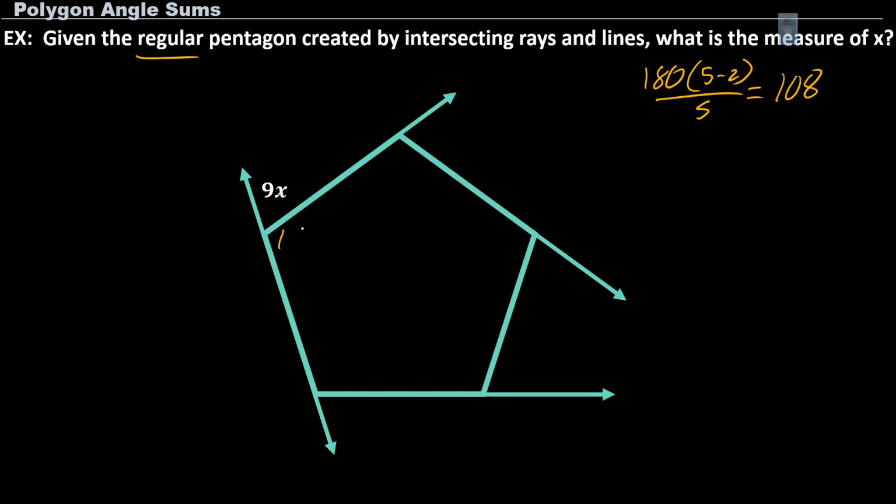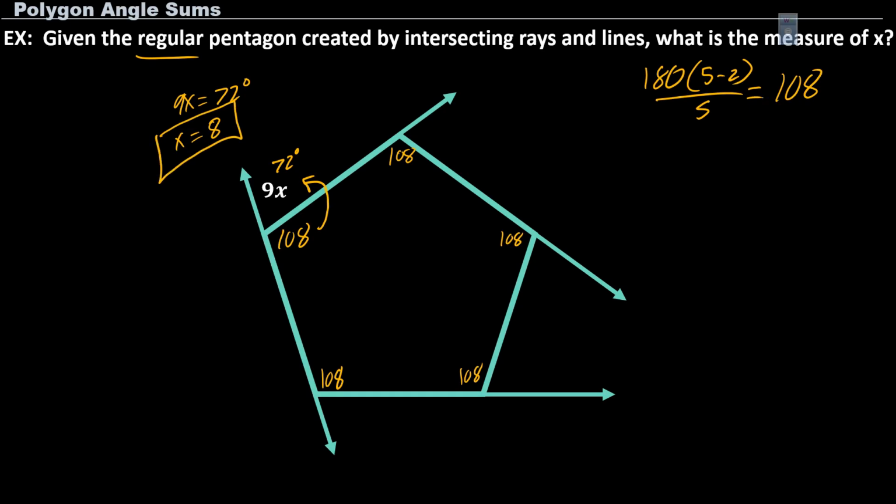So each angle here is 108, which means if this is 108, then over here, this must be 72. So 9x is equal to 72 degrees. So x is equal to 8 when you divide it by 9.